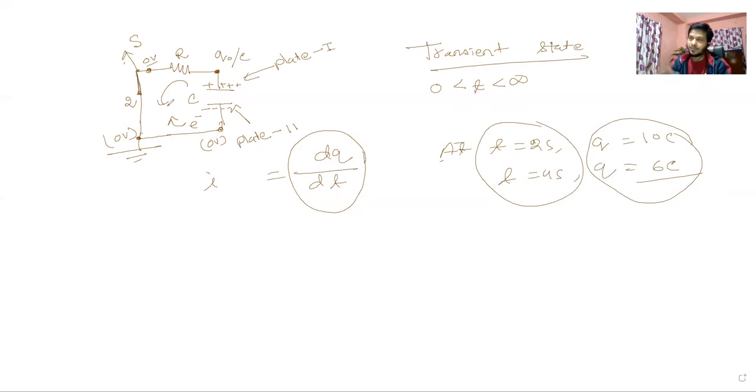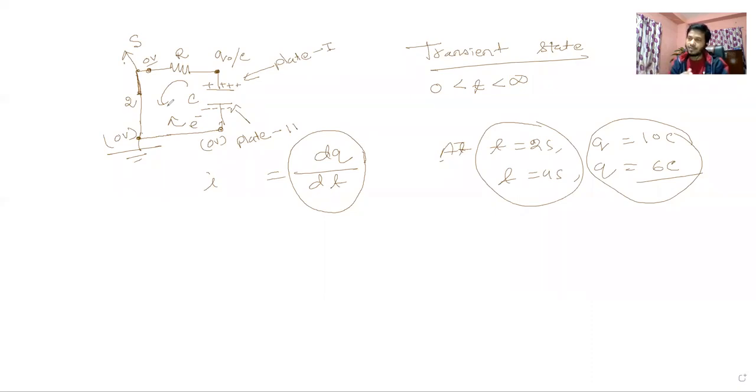Right? So between the initial state and steady state, we'll get different values of current at different times, isn't it? Is it clear, or do you have any confusion? Yes, sir. Because between the initial state and steady state, charge is getting transferred at different rates.